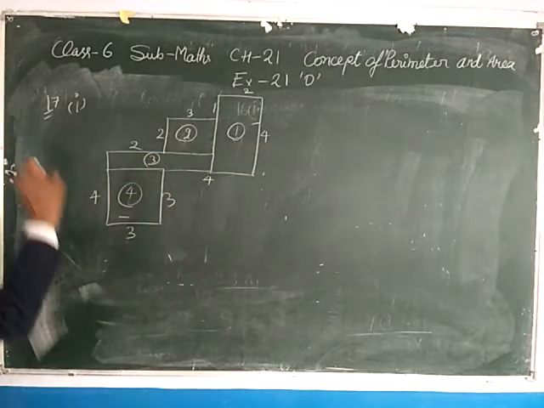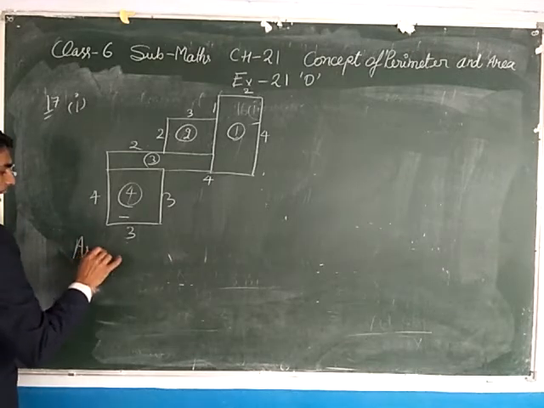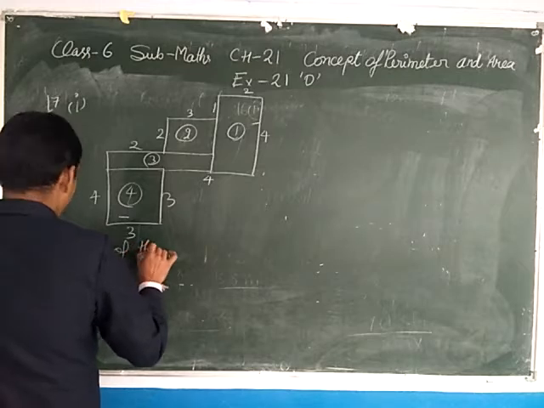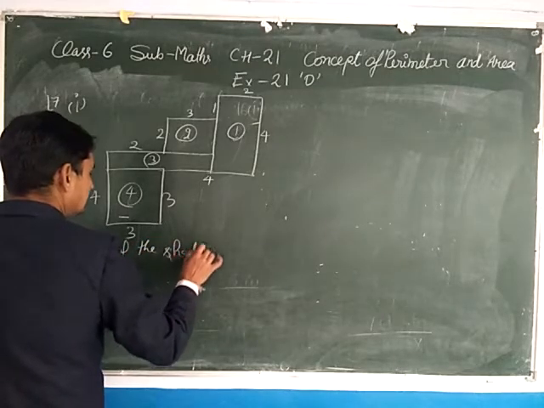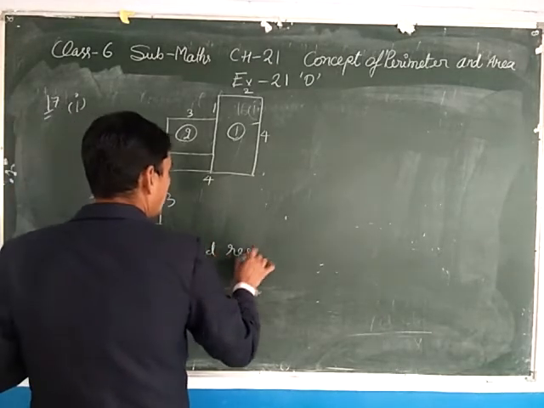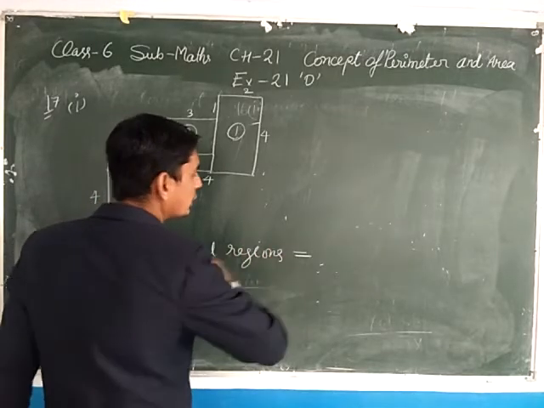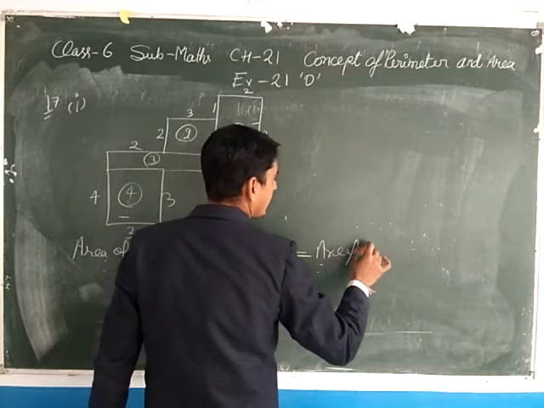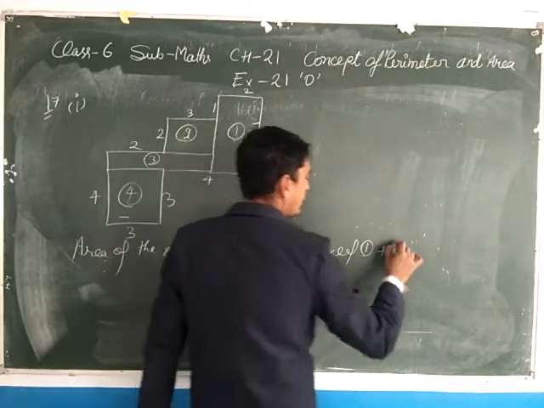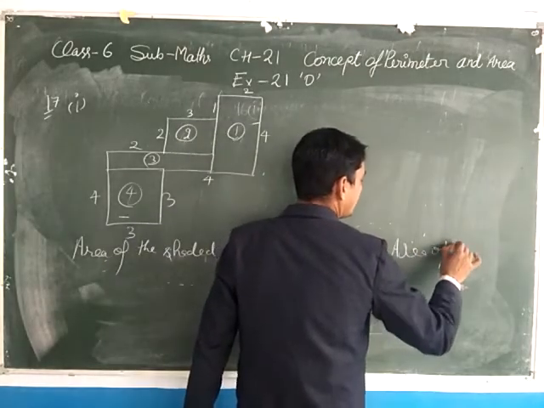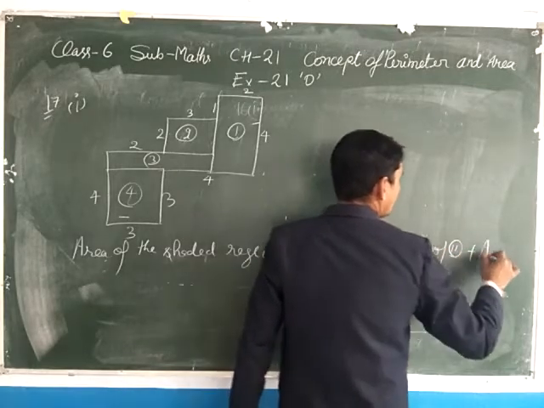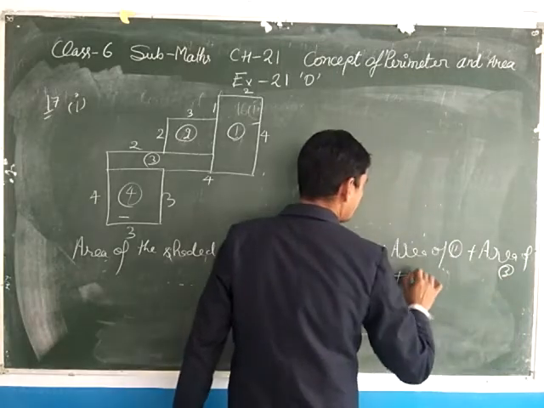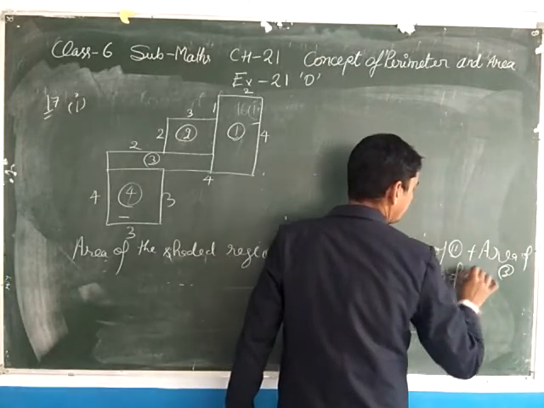Clear students? So the area of the shaded region equals area of first plus area of second plus area of third plus area of fourth.